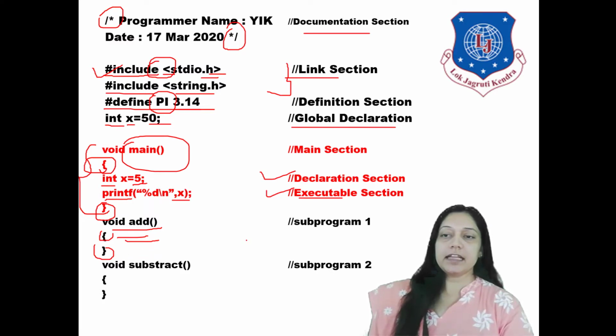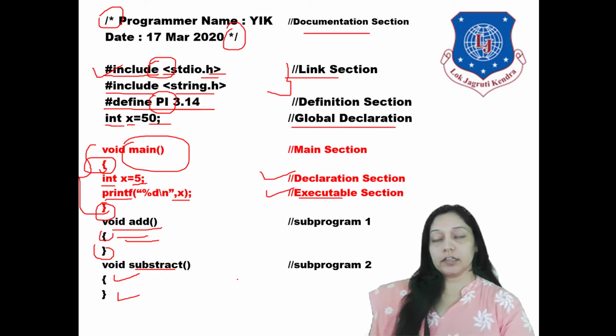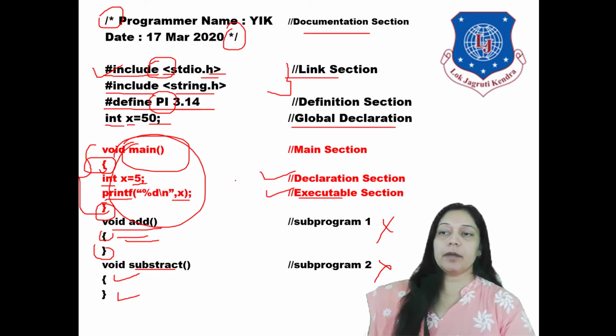You can have as many subprograms or sub-functions as you want. This is another sub-function in my program, subtract, with its own starting and ending braces. Not compulsory. If you do not require them, you can omit this part also. But main is a compulsory part of your C program.